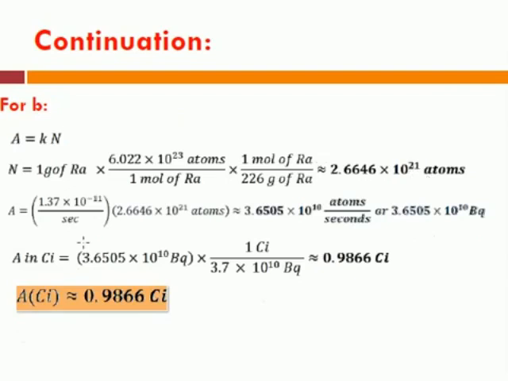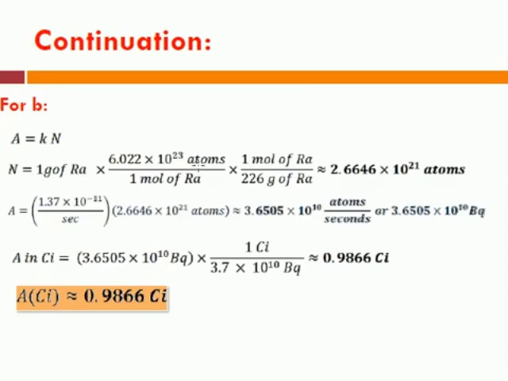So we have 1 gram of Ra, times, in 1 mole of radium, we have 6.022 times 10 raised to 23 atoms. This is the Avogadro's number. You can use your calculator to have that constant.